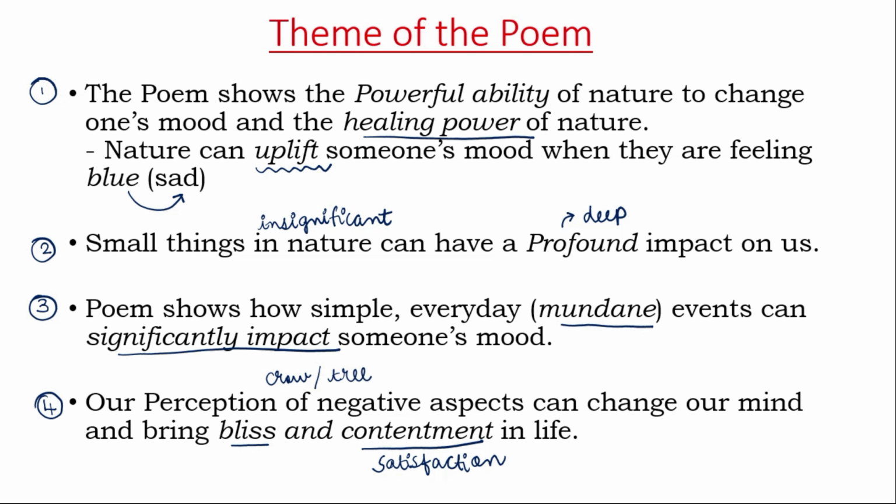But here, such things can also bring something positive and bring bliss and satisfaction and help us uplift our mood. So the poet wants to say that a day that he was just wasting away in regret or sorrow was transformed into a day where he would use it fruitfully for something positive.